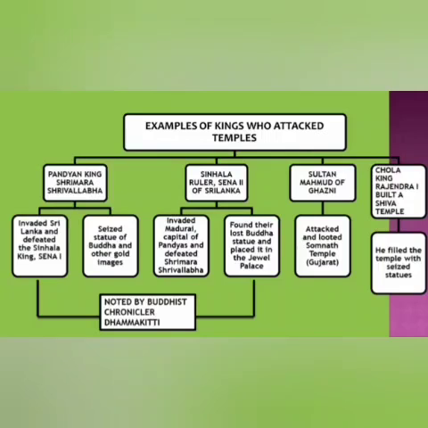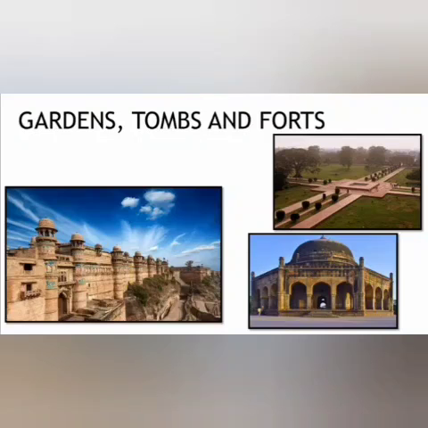The statue of the Buddha was entirely of gold in the jewel palace, and the golden images in the various monasteries, all these he seized. The blow to the pride of the Sinhalese ruler had to be avenged, and the next Sinhalese ruler Sena II ordered his general to invade Madurai, the capital of the Pandyas. इस तरीके से they all invaded the temples, invaded the places.